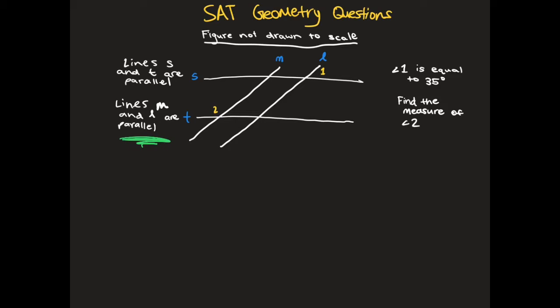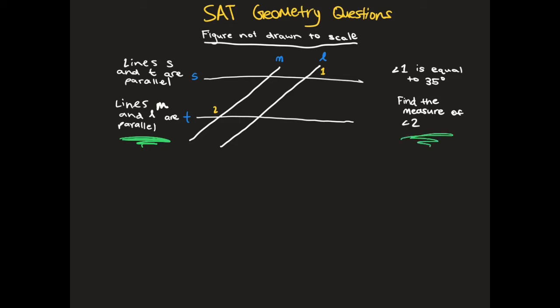If these weren't parallel, then it wouldn't necessarily mean that the angles will be the same. By saying that they're parallel, the theories for each of these angles will apply. Vertical angles will work, corresponding angles will work, but if it says they're not parallel, it won't necessarily be true.